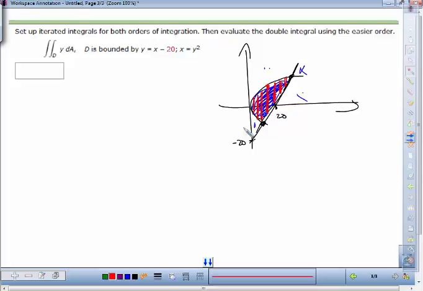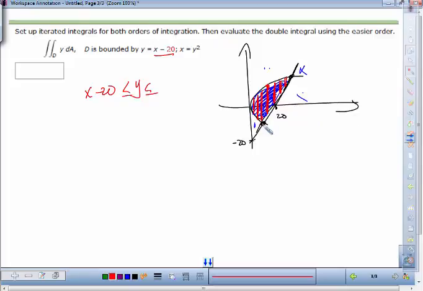So where does my y range from? What are my y values? What is y being bounded by? Looks like the line is the lower bound, so if I solve for y, well, y is already solved for here, x minus 20. It's touching where the two functions intersect.